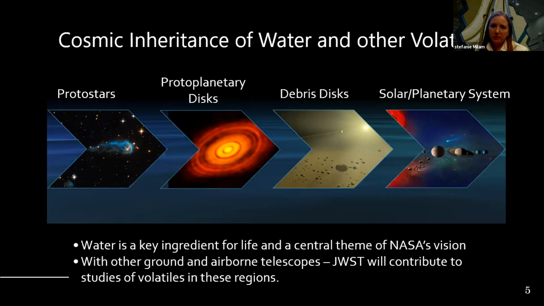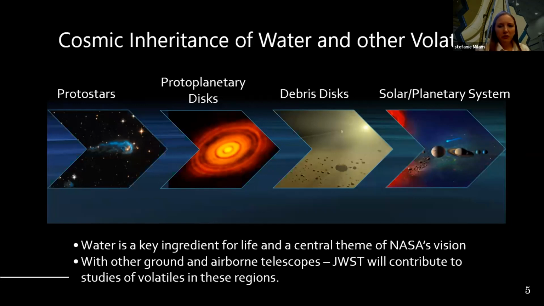But when you combine all the facilities of both ground-based and space-based, and even airborne, including SOFIA, you can really start building a comprehensive picture of the volatile content and how it's carried through from, say, a giant molecular cloud into cores, into protostars, into debris disks, and even all the way into the solar system by looking at some of the primitive bodies in the solar system.